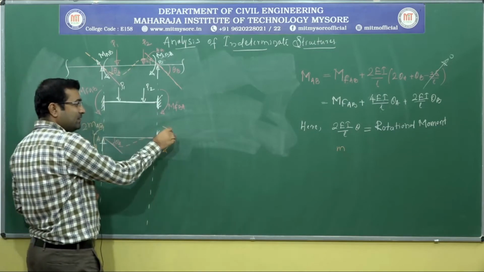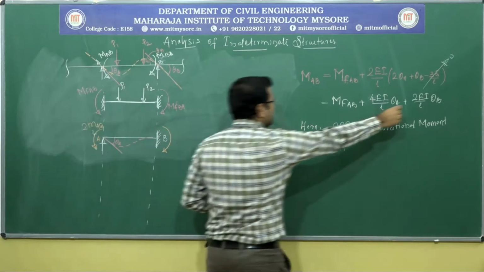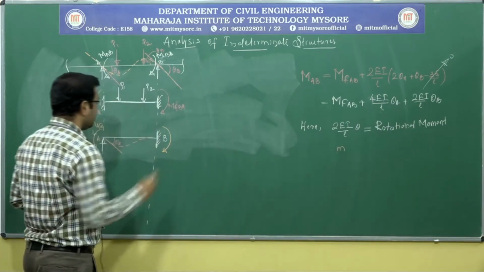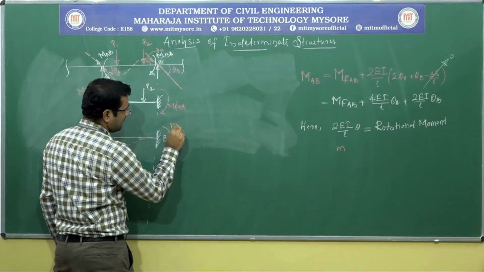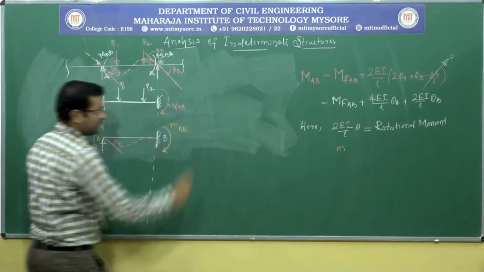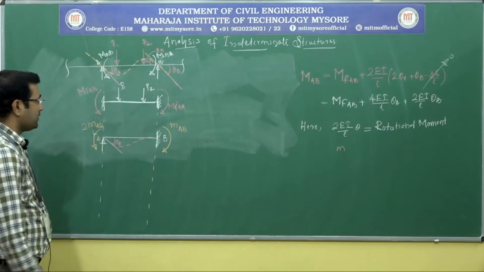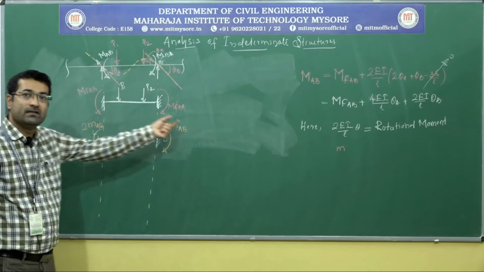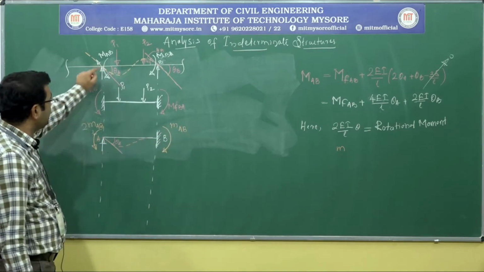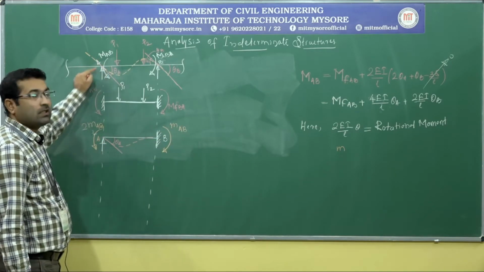Obviously the far end will be half of this, as it is on the other end. So here I will write it as mAB, half of that. This is the second situation where the rotational moments are developing at the ends due to the rotation at end A.